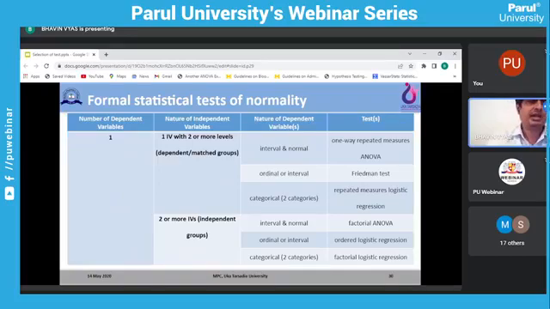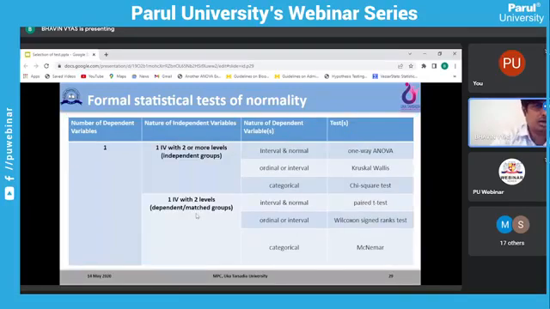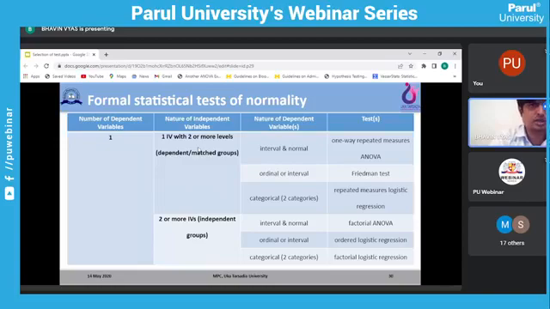Next condition: you have one dependent variable and one independent variable at more than two levels. Here, dependent at two levels; here, more than two levels.